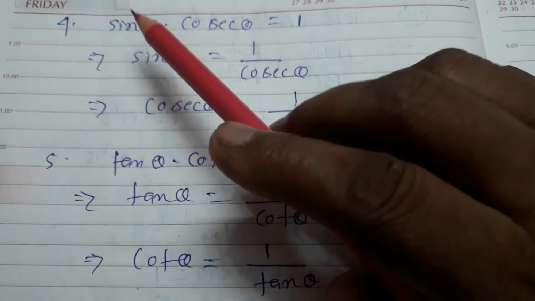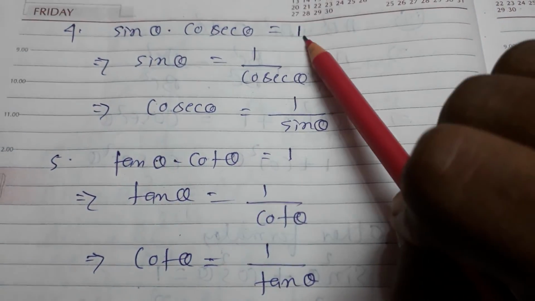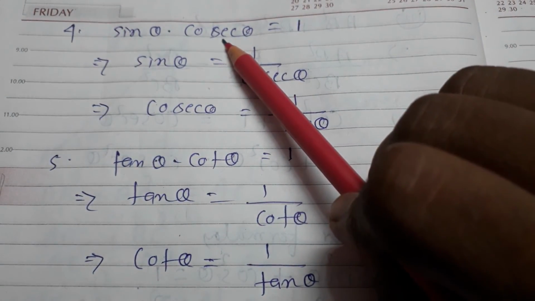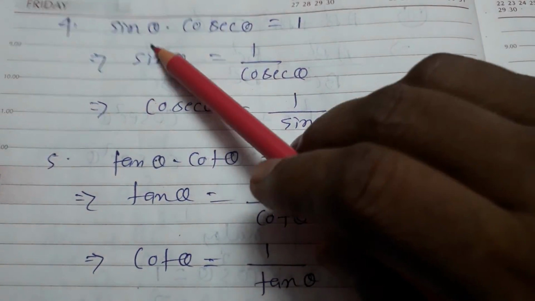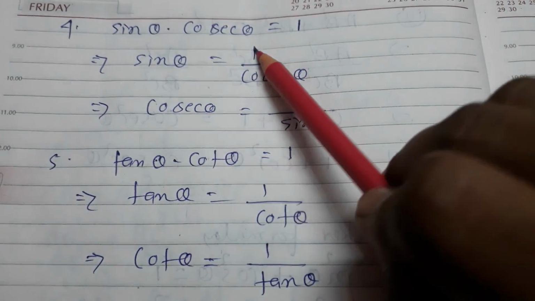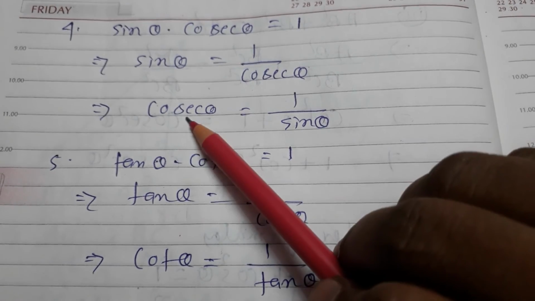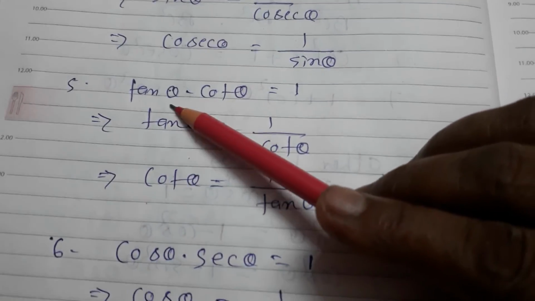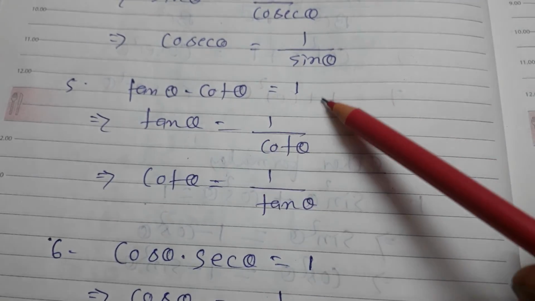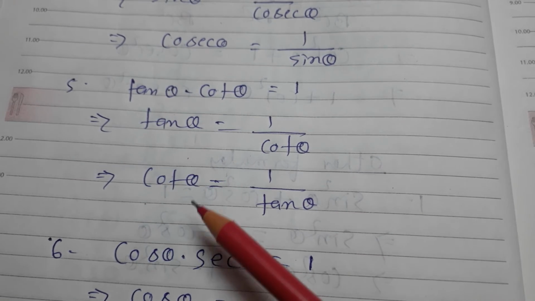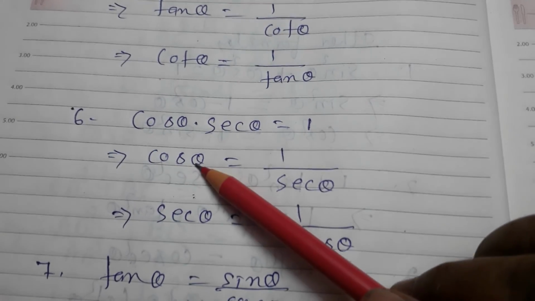Now another formula, sin theta into cosec theta equals 1, because sin theta and cosec theta are reciprocals of each other. So the product of these two ratios is 1. So sin theta equals 1 by cosec theta and cosec theta equals 1 by sin theta. Again, tan theta into cot theta equals 1, that is tan theta equals 1 by cot theta and cot theta equals 1 by tan theta.